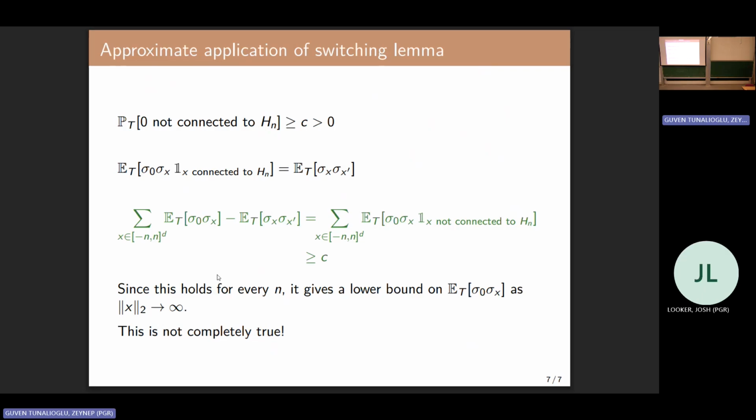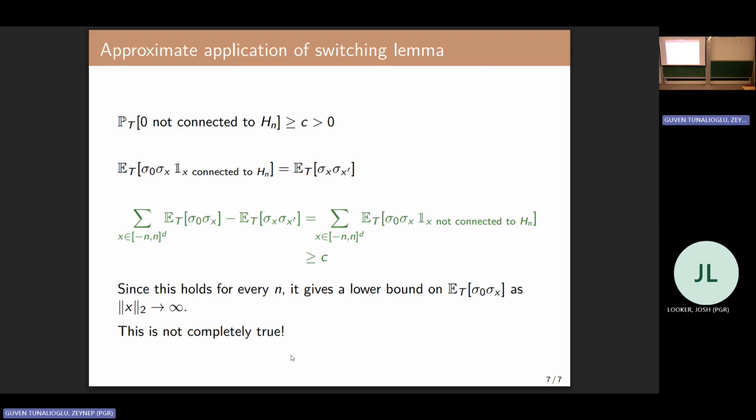Well, this is not completely true, I'm skipping a few steps. Basically, the fact that you can get a sum for any n, and it's always bounded from below, gives a lower bound on how fast things can decay.